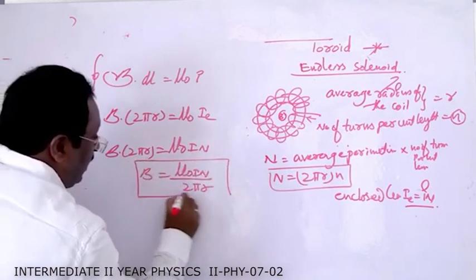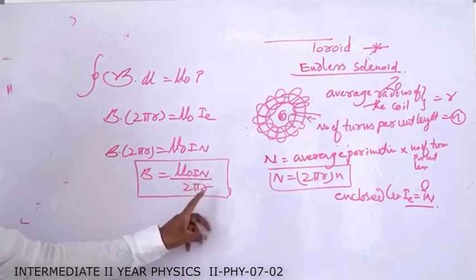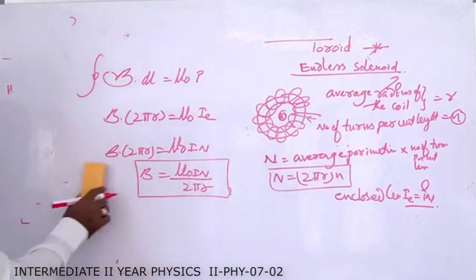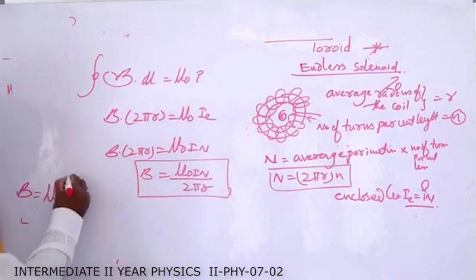The magnetic field produced in a toroid is mu naught I N by 2 pi r, whereas the magnetic field produced in a solenoid is mu naught I n.